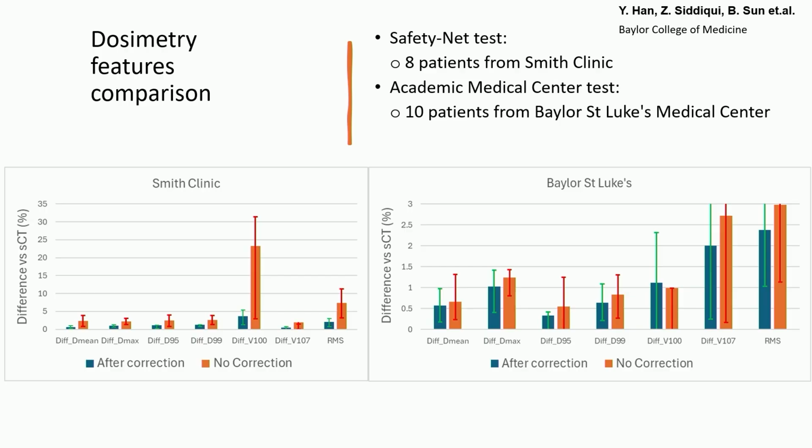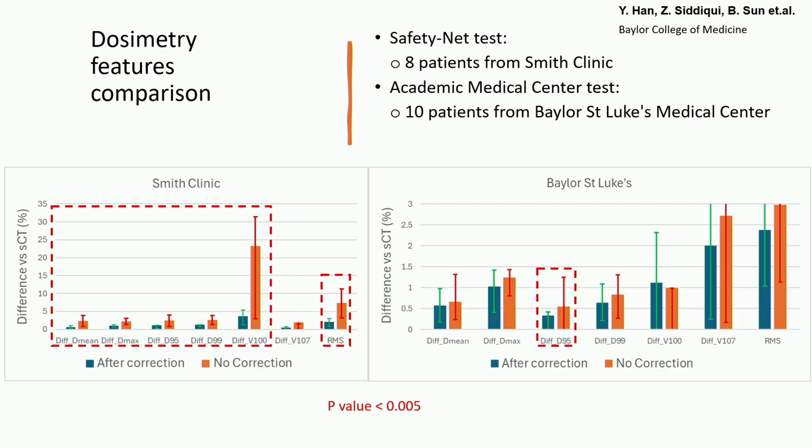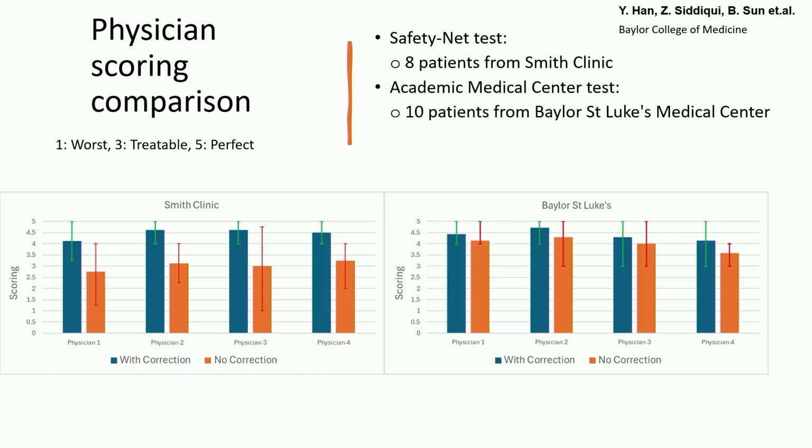And then the second one we test in our academic medical center, Baylor St. Luke's. So also all the dosimetry metrics are smaller. And for the Smith Clinic, almost all the dosimetry metrics show a statistically significant decrease. And for the Baylor St. Luke's, only one dosimetry metric shows such a large decrease.